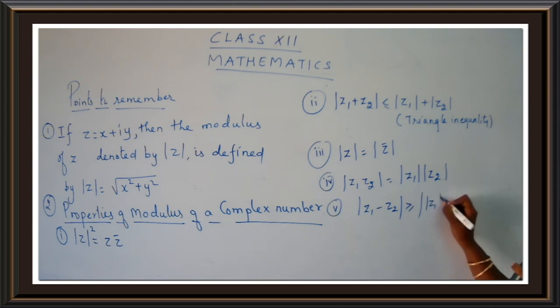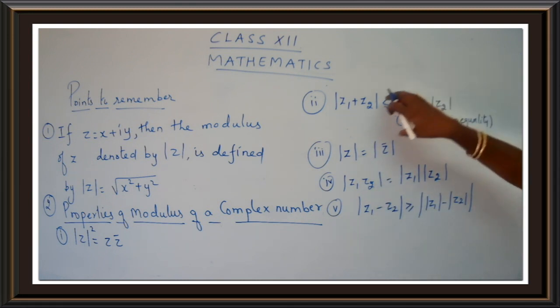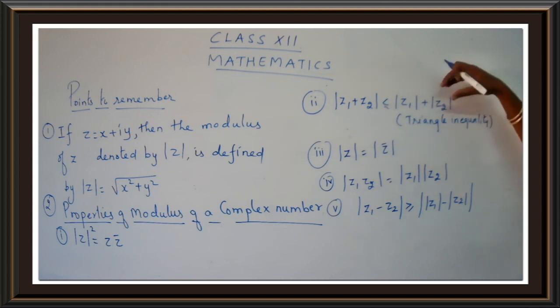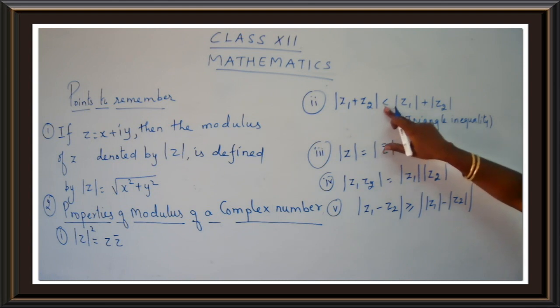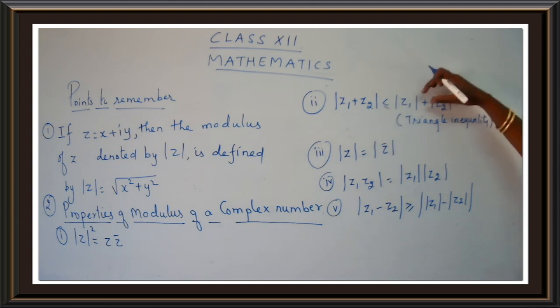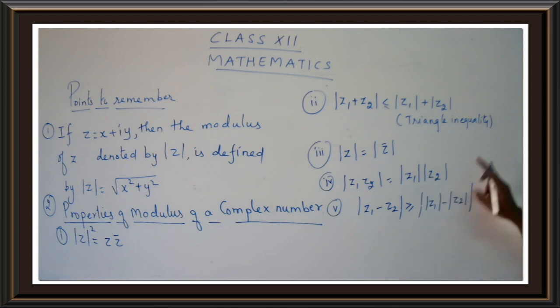See, for addition we just broke it under the mod. I'll tell you where we use this. So modulus z1 plus z2 is less than or equal to modulus z1 plus modulus z2, and modulus z1 minus z2 is greater than or equal to modulus z1 minus modulus z2.